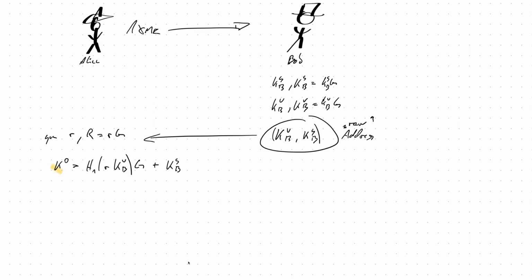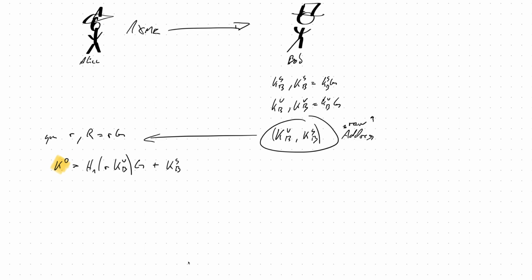First, this is the transaction public key. It's a one-time key. It differs each time, and it's the same thing as the stealth address. So the stealth address is basically the one-time public key of a transaction.